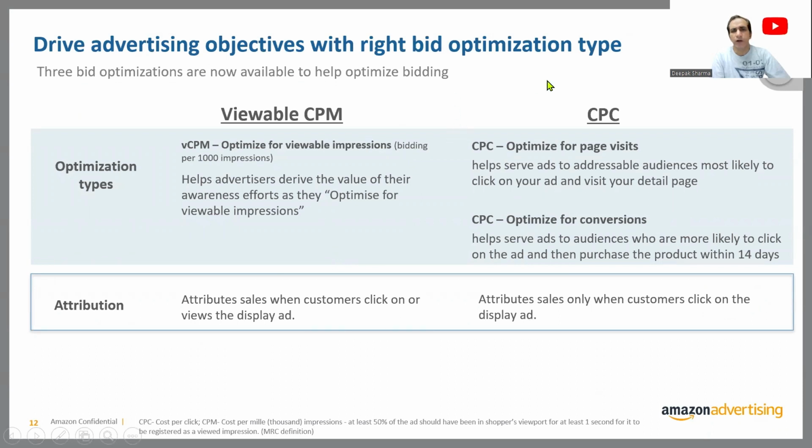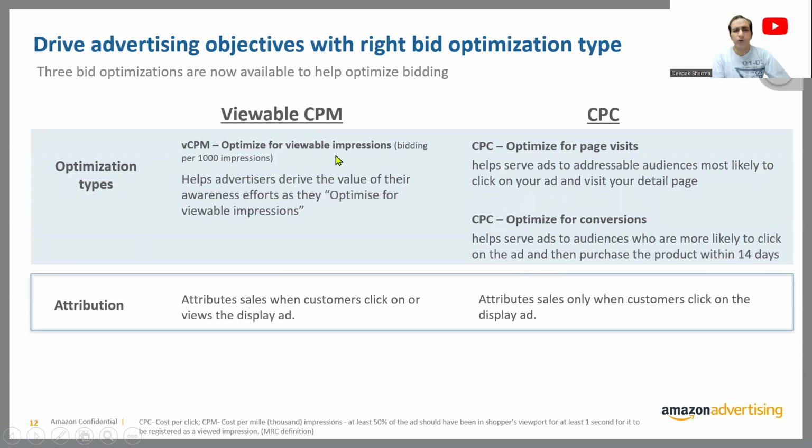So various optimization types are available on Amazon. Three bid optimizations are now available to help optimize bidding. What are the types? Viewable CPM is there, which is VCPM.